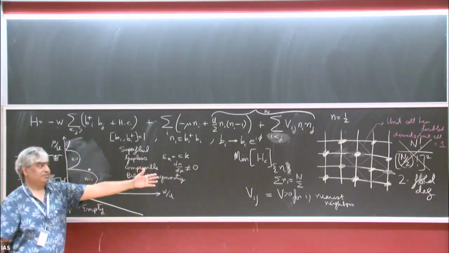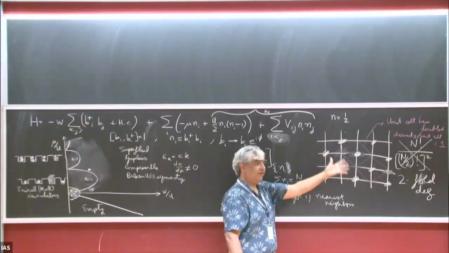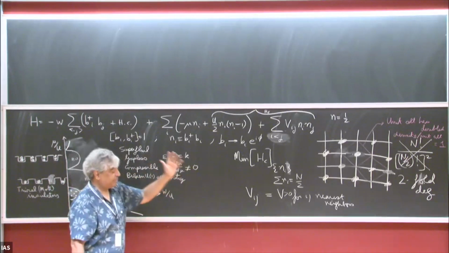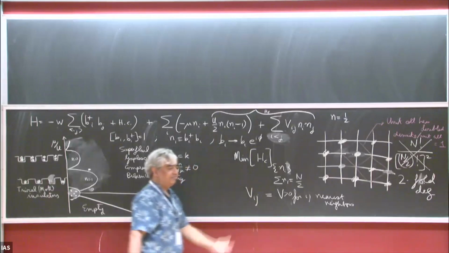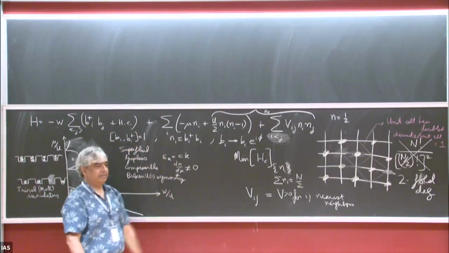And that's also true here. So this is like a discrete version of a solid. But in this case, you're breaking a discrete translational symmetry to another discrete translational symmetry, whereas in solid helium-4, you're breaking continuous translational symmetry to a discrete translational symmetry.